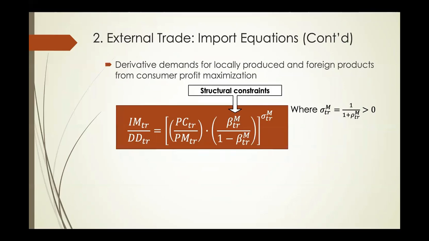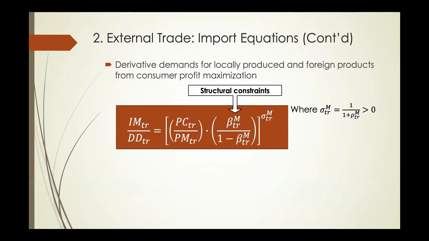Consumers' expenditure minimization problem determines the demand for foreign product or import, IM, and the demand for locally produced goods and services, DD. The demand for foreign product, IM, relative to the demand for locally produced product, DD, is determined by three elements. The first element is the shares, the initial share of foreign product relative to the initial share of locally produced product.